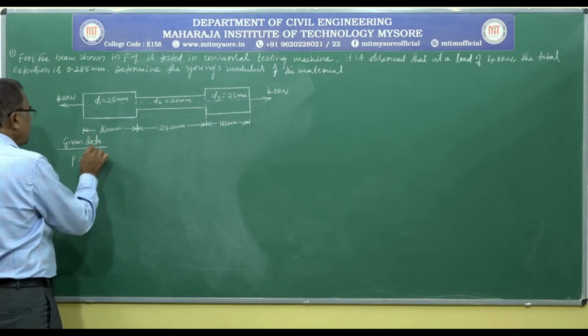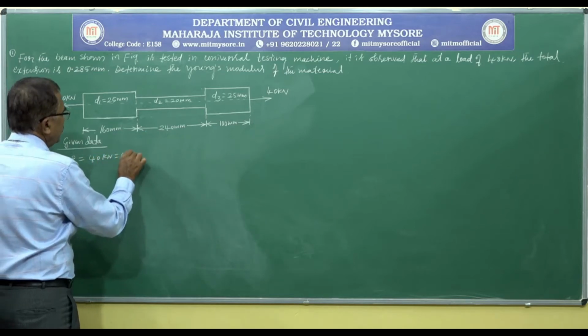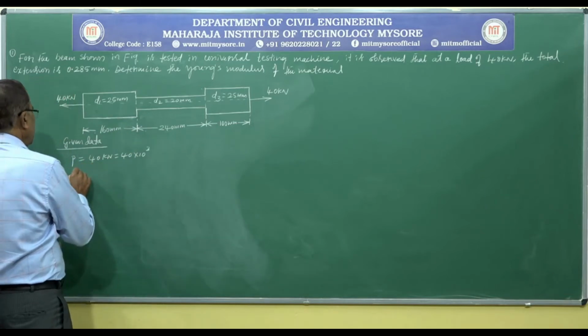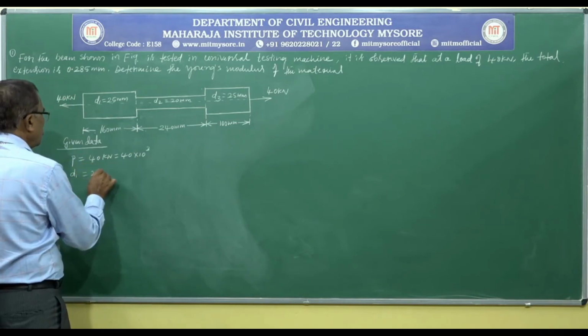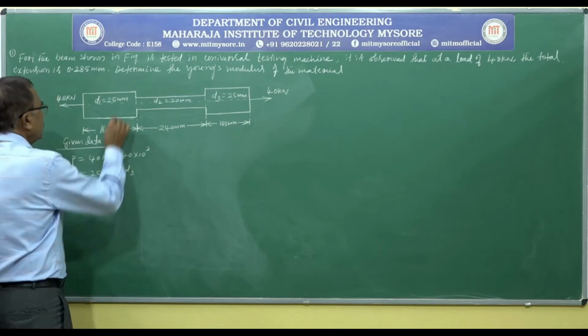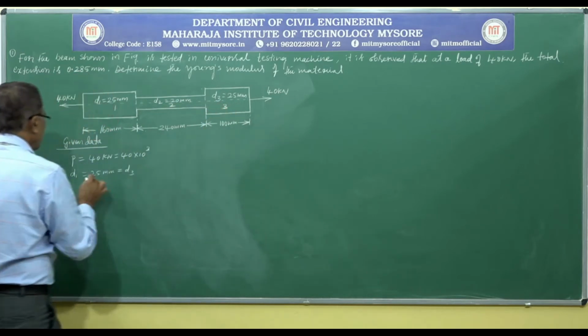Given it is subjected to axial load P 40 kilonewton, that is equal to 40 into 10 power 3, and D1 is equal to 25 millimeter, that is equal to D3. Consider these portions as 1, 2 and 3 respectively.